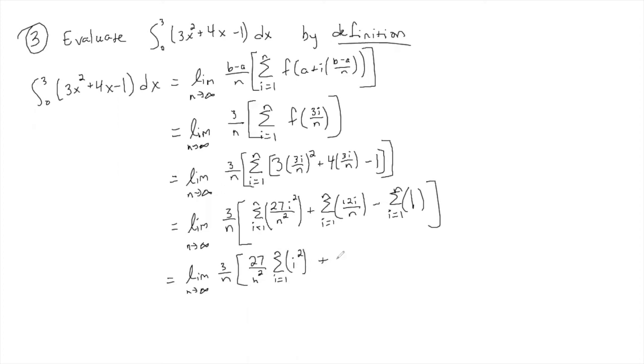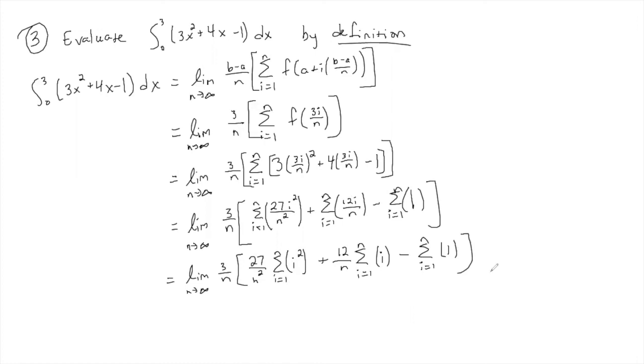And I should keep my parentheses. Plus, no, I had to pull stuff out. 12 over n looks like comes out of this one because 12 over n is the only thing that doesn't have an i in it. Sum i equals 1 to n of just i minus, well, this one's already pretty much done. We took care of that in the last step.